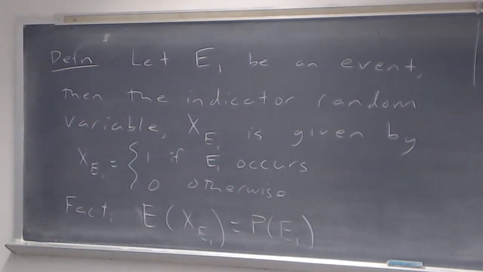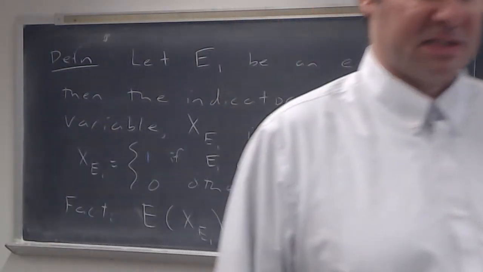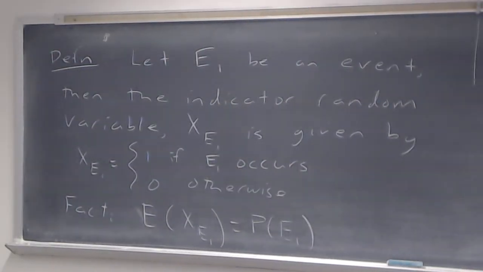We're going to prove this in just a second, but we have seen this before, and it was involved a little bit in the proof of Markov's inequality. So that's where you may have seen something similar to this. Let's prove this fact. It's very short.